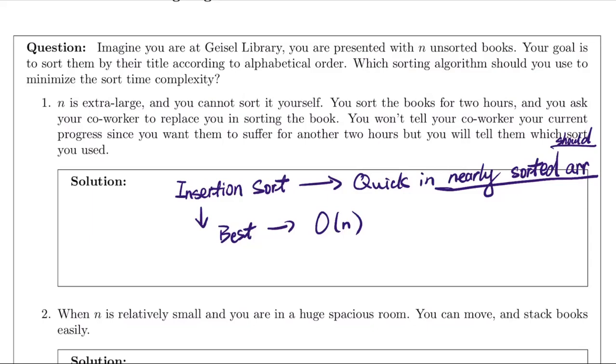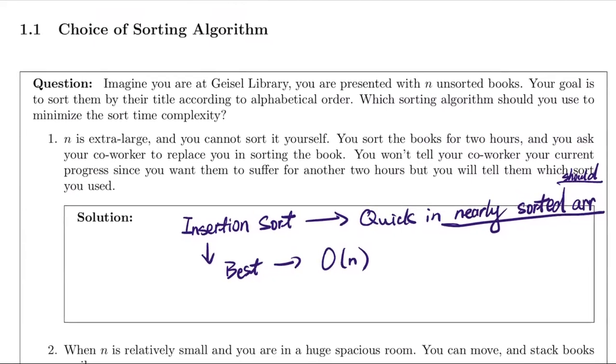And then your coworker can pick it up from the sorted order and continue to elongate that sorted list. The point I want to make here is that insertion sort has the best time complexity of linear time. We contrast it with selection sort, because if you use selection sort, you have to look for the smallest element first, even though the array is already sorted. Gotcha. Okay. Thank you. You're welcome.